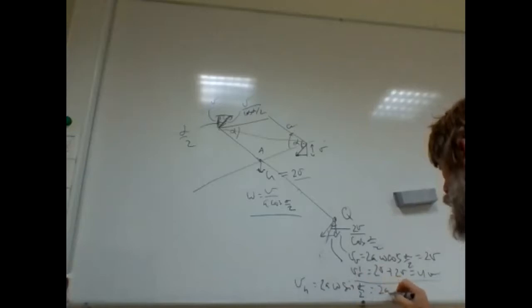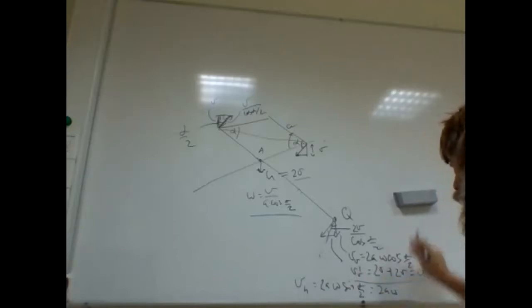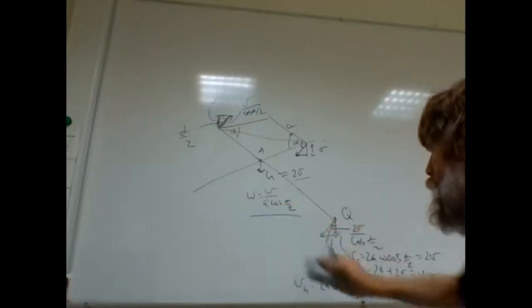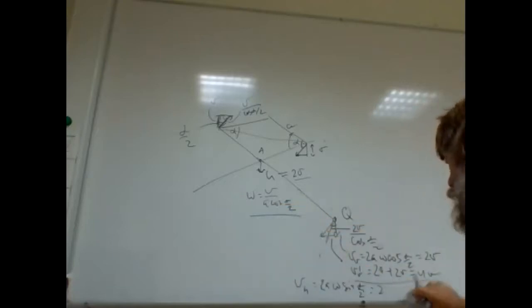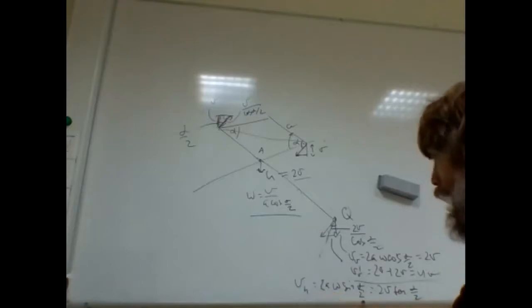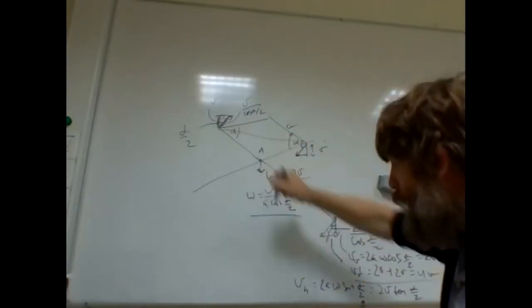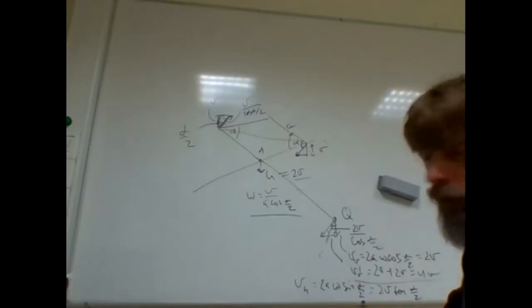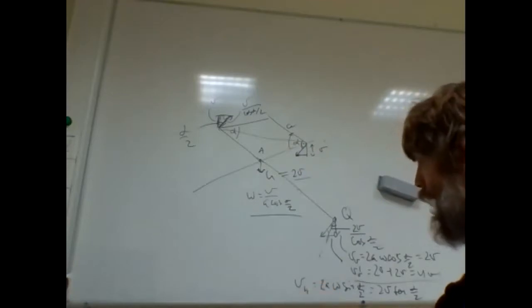So it will be 2a omega. Now I will plug in omega from here. So a cancels away. We have 2v and tangent of alpha over 2, and this is the horizontal component. And now, because our frame goes down, in the lab frame and in this frame the horizontal component is the same.